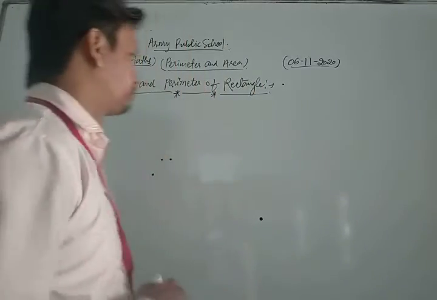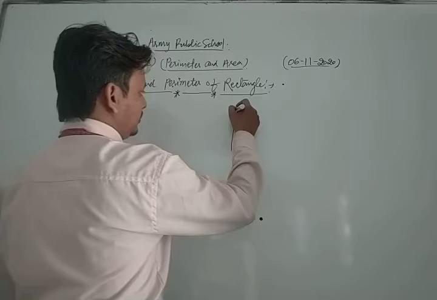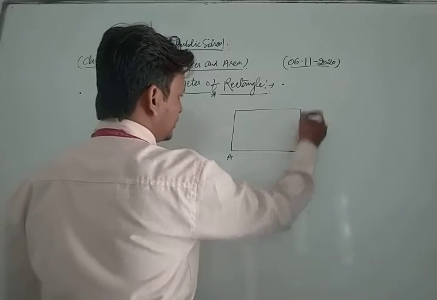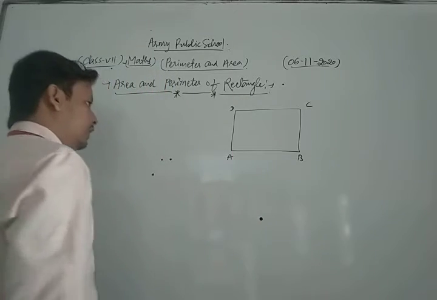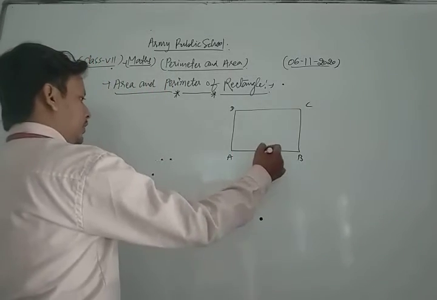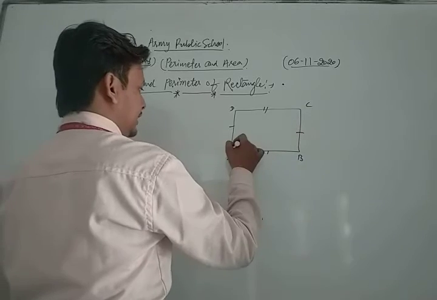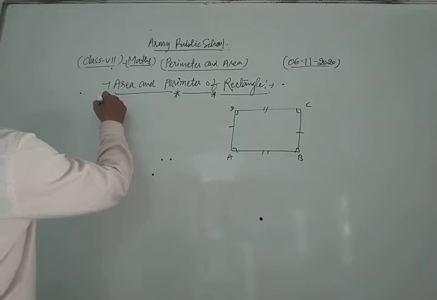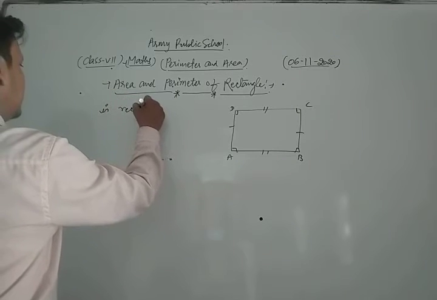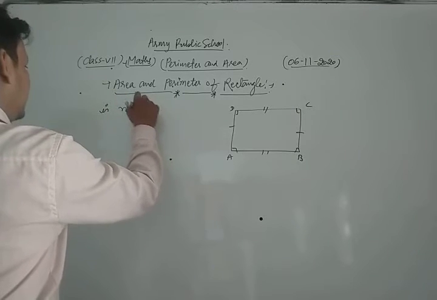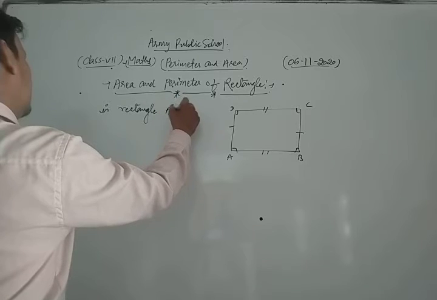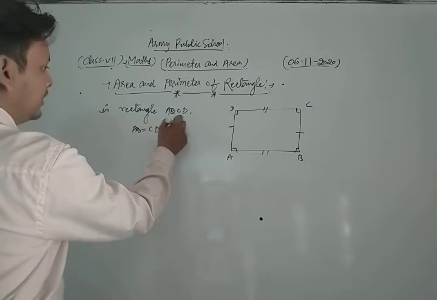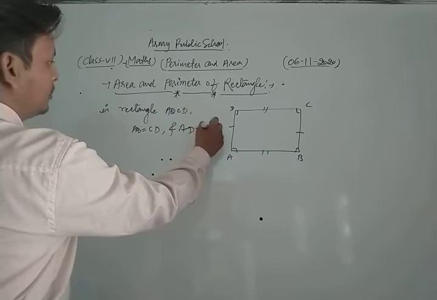Okay, now let's see. Suppose that here ABCD is a rectangle in which opposite sides are equal to each other and each angle is 90 degree. In rectangle ABCD, AB is equal to CD and AD is equal to BC.